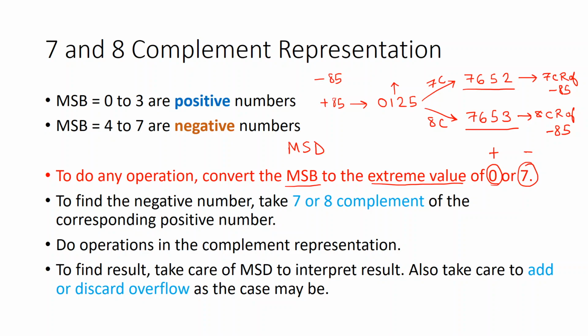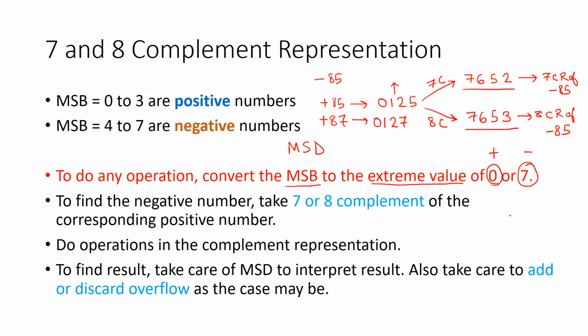Then I would get an answer of 2. So if 0125 is plus 85, then 87 is basically 0127. And let me work in sevens complement representation.